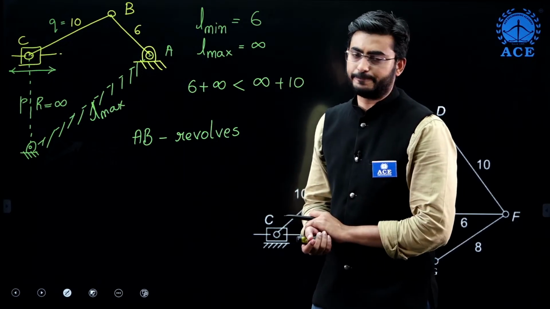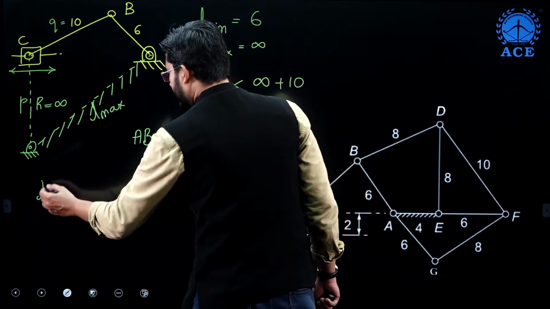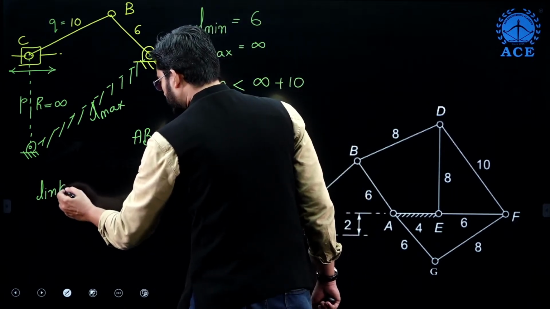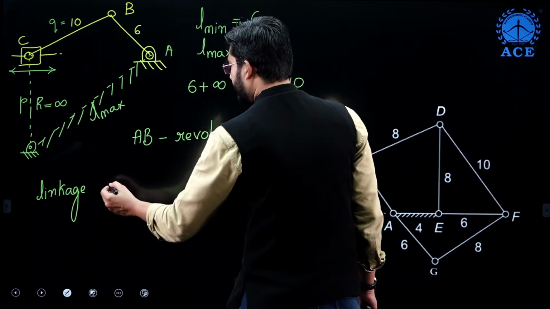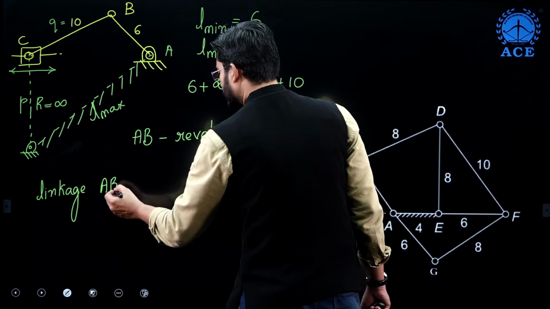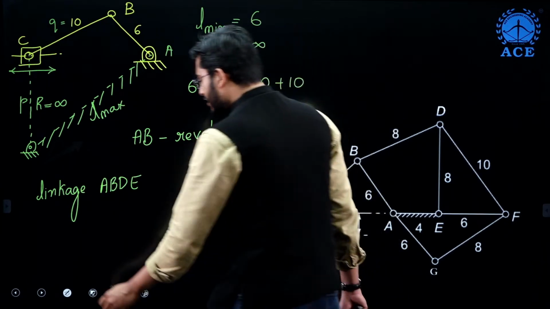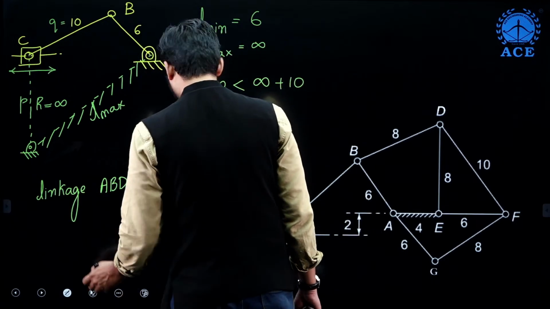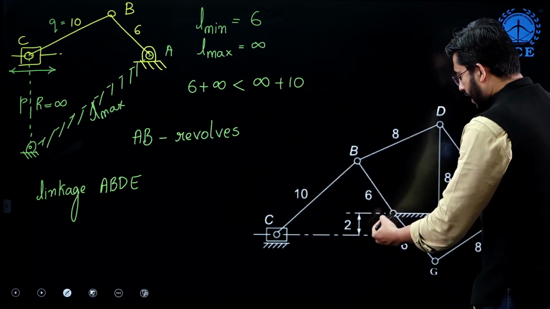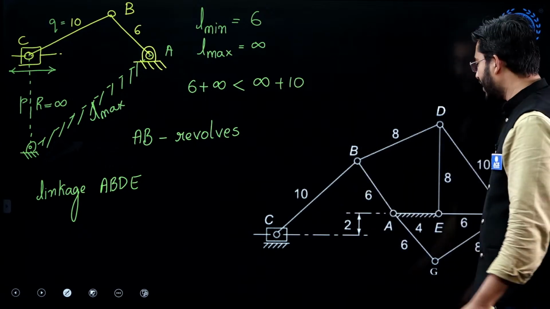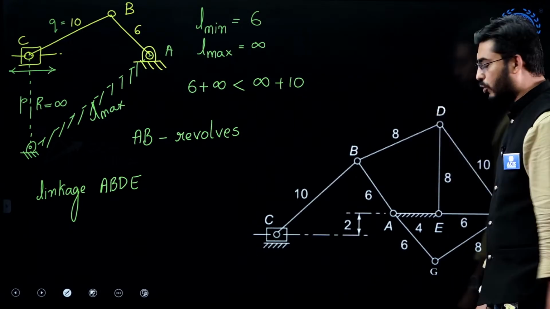Next linkage, if we see, is linkage ABD and E. If you notice the linkage ABDE, this AE is 4 meters and AB is 6 units and BD is 8 and DE is also 8.